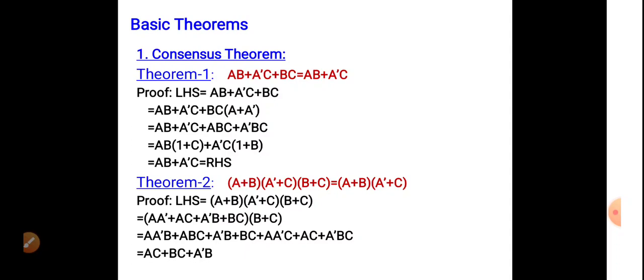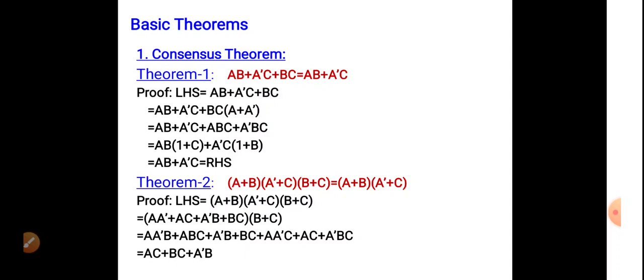In simple words, I am just applying the concept of duality. What is meant by duality is replacing dot with plus, plus with dot, 0 with 1 and 1 with 0. Now let me take the theorem 1 statement. Theorem 1 is AB plus A bar C plus BC. Here between A and B there is a dot.